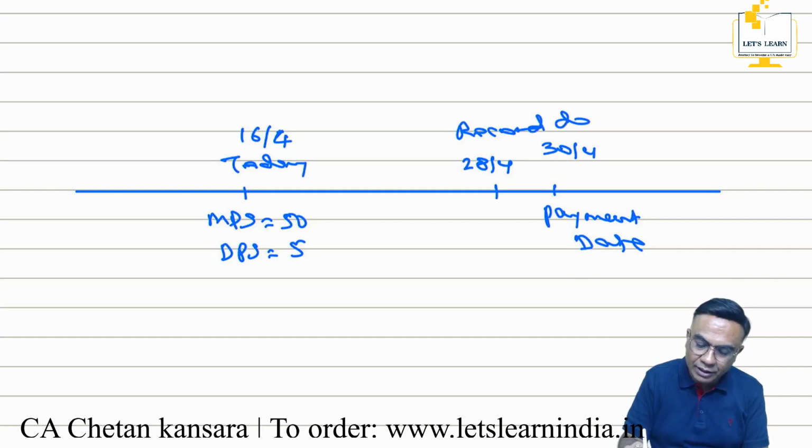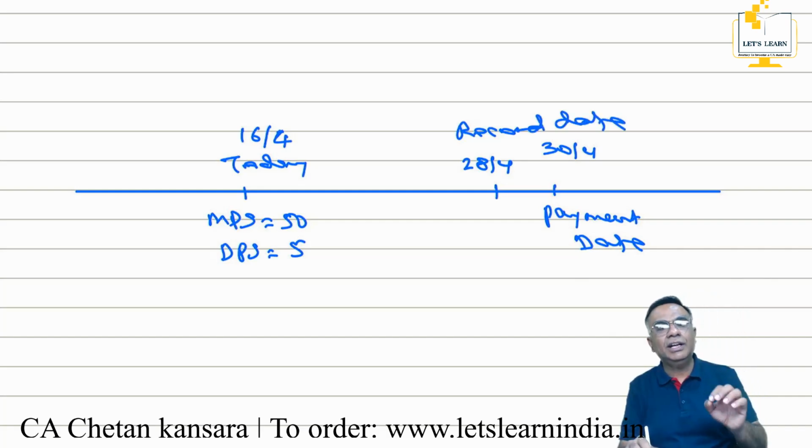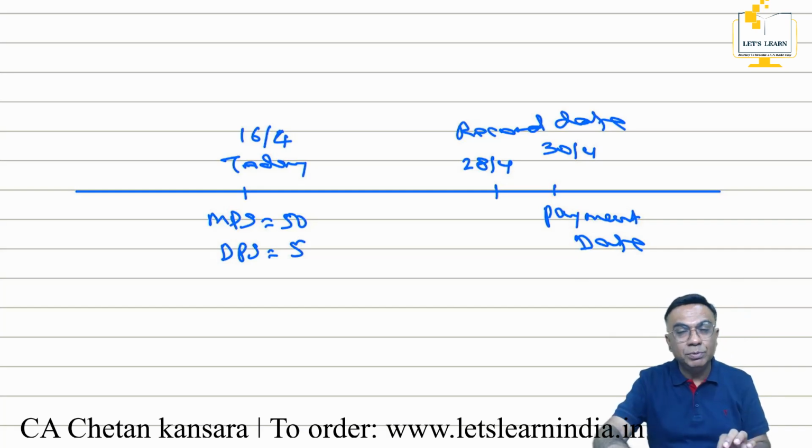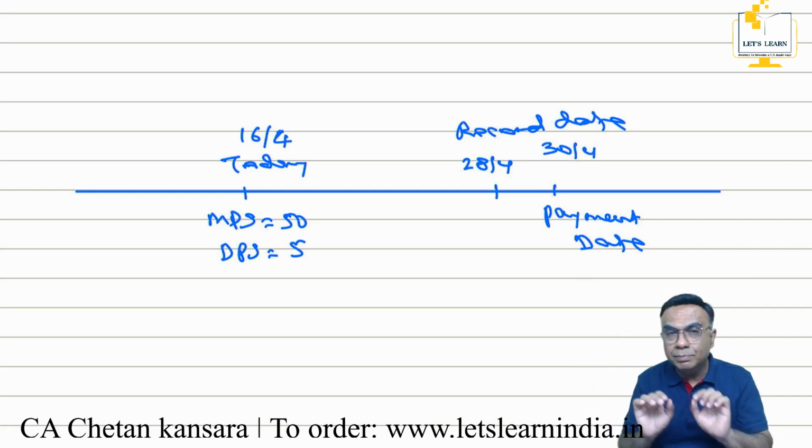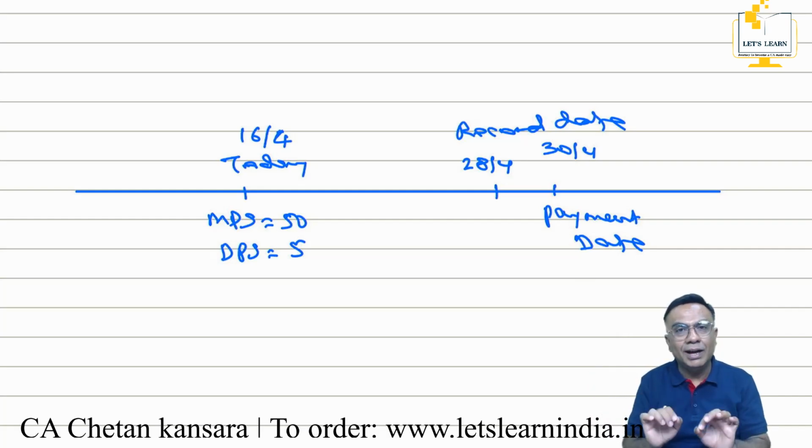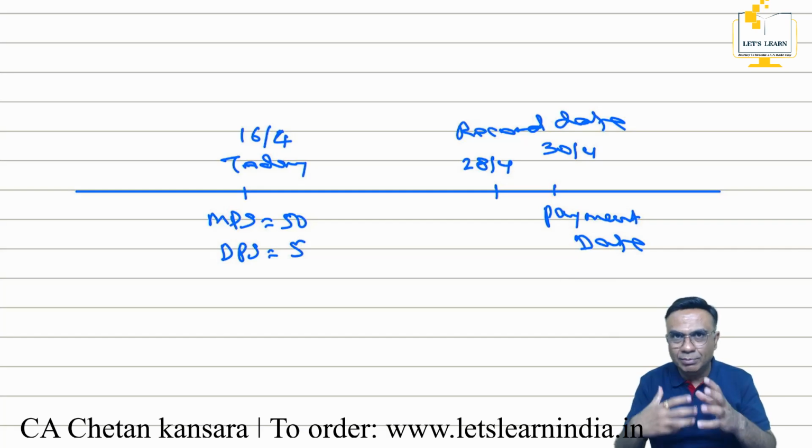Now what is the record date? This is a date on which your name should be there in the records of the company. In simple words, you have to buy the share on or before 28th of April, depending on the country. Actually it depends on the settlement period.